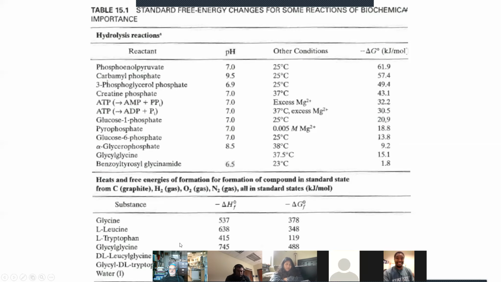It also gives you some standard state values, not just for the free energy of total hydrolysis, breaking down these molecules into their particular atoms, but it also gives the enthalpy of the reaction, okay, for total hydrolysis, what the total free energy is, what the total heat is.